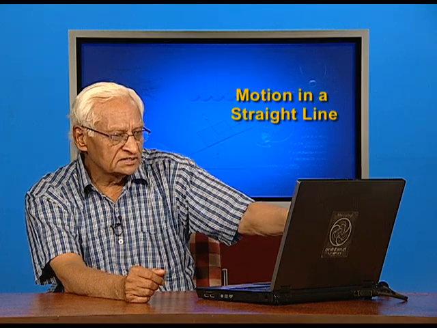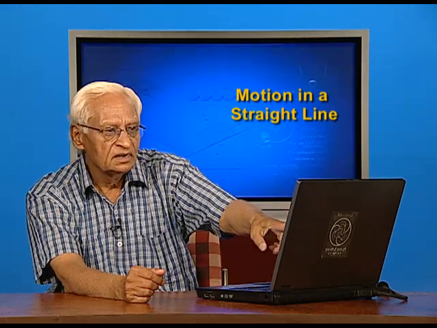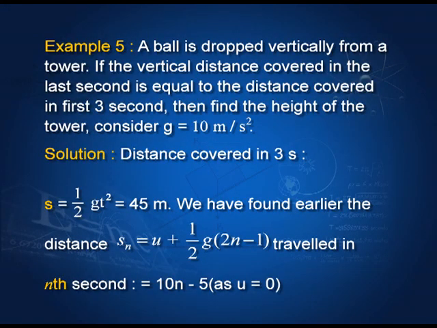So, distance covered in 3 seconds is simply s equal to half g t square, it is 45 meters. Therefore, we use this formula now, half g is 5. So, 5 into 2 n minus 1, that is 10 n minus 5, is equal to 45 meters.